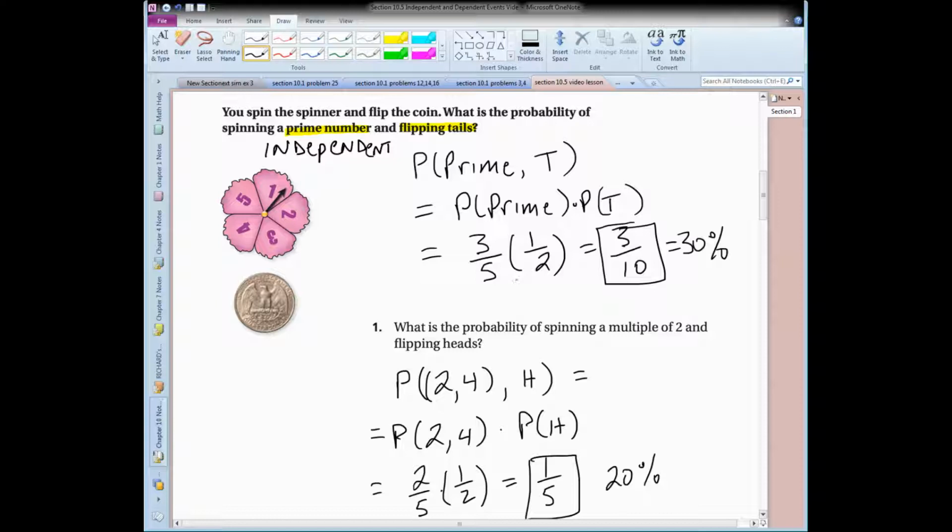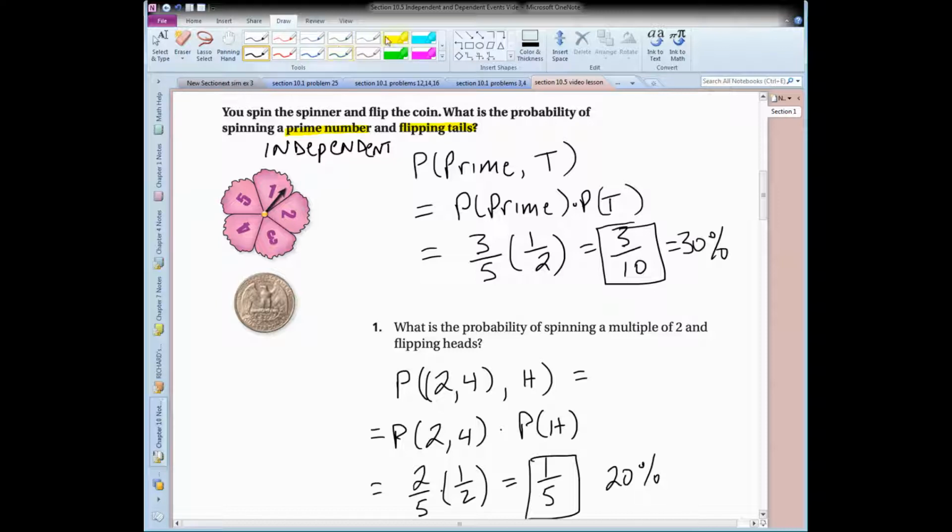Spinning that spinner has no impact whatsoever on whether you get heads or tails, and whether you get heads or tails does not affect the likelihood that you would spin a 1. So these are independent events.